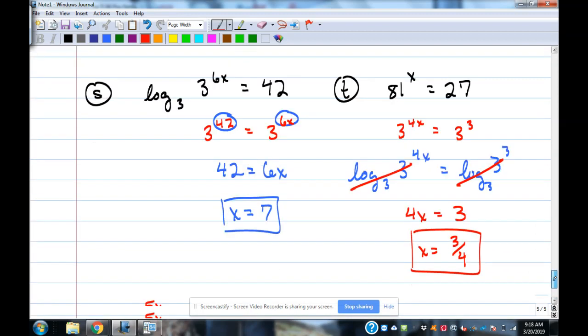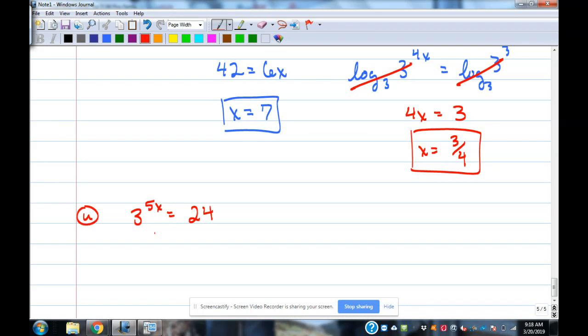Let's say that's our equation. 3 to the 5x equals 24. Well, I can't write 24 as a base 3, right? That's the problem. So to get rid of this 3 here, I've got a 5x up there. I know the variable's in the exponent. To get rid of the base 3, I can use a log base 3 on each side.